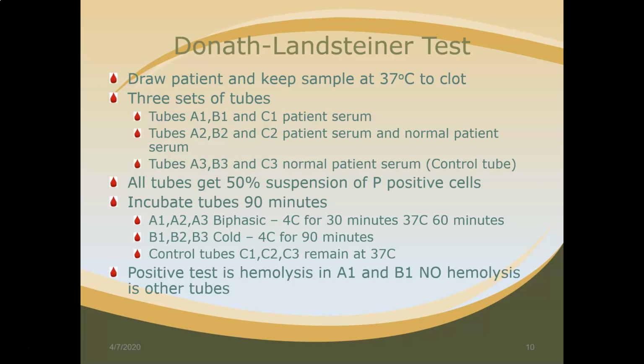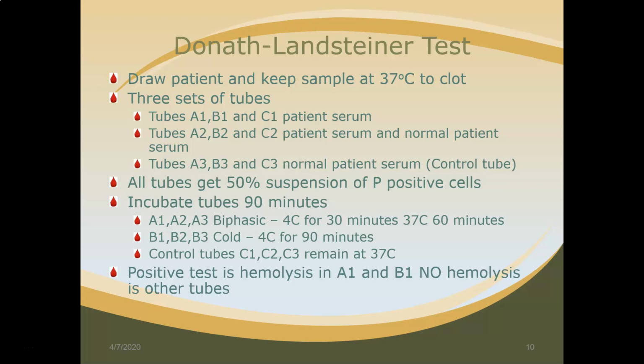We're going to set up 9 test tubes, 3 sets of 3 each. We've got A, B, and C, and 1, 2, and 3. So tube 1 of each set gets just the patient's serum. Tube 2 of each set gets the patient's serum and then serum from a normal patient to provide complement if it's necessary.